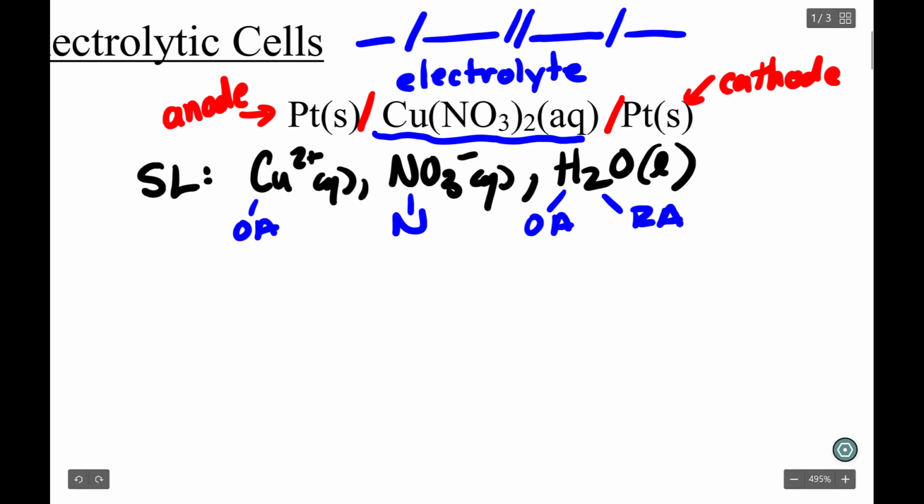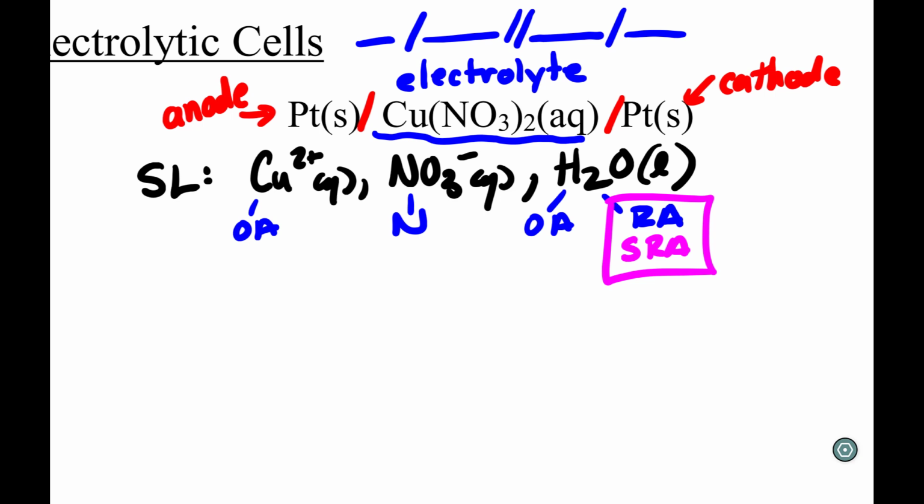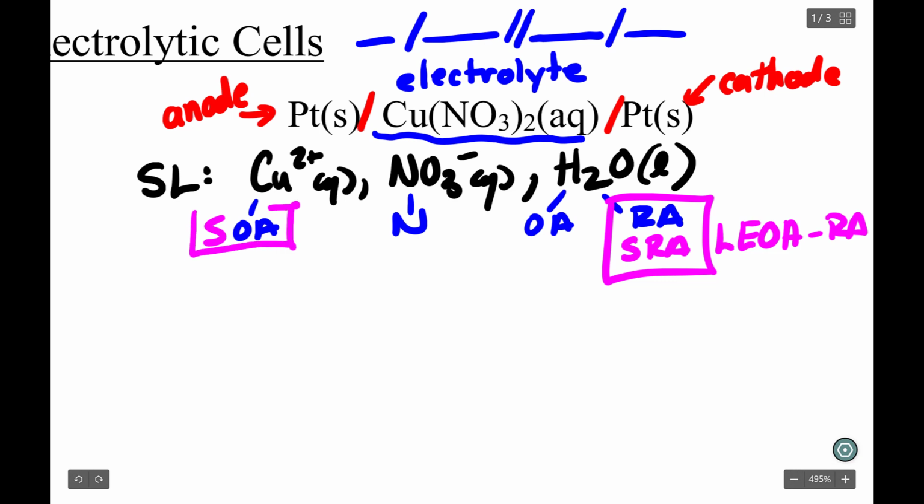Now, we already know what the SRA is because we only have one option. So I know that water is going to react at the anode because it will lose electrons, undergo oxidation at the anode, because it's the reducing agent. Now, out of water and copper 2 plus ion, copper 2 plus ion is my SOA.